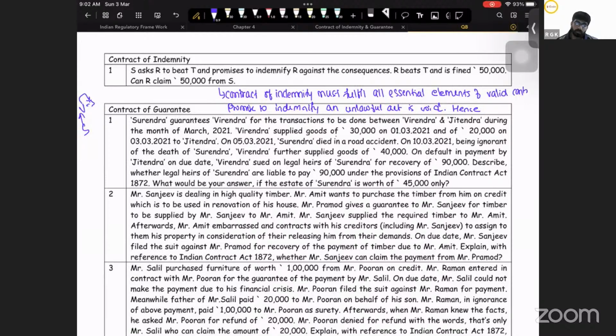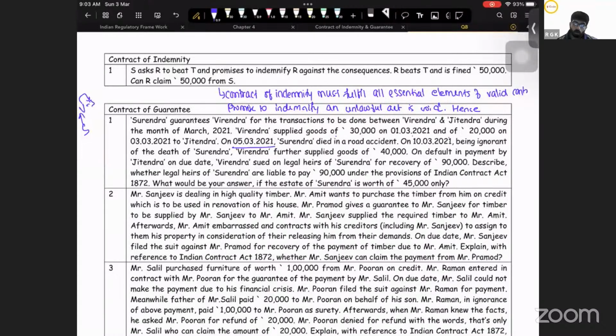Virendra supplied goods of 30,000 rupees on 1/3/2021 and of 20,000 rupees on 3/3/2021 to Jitendra. On 5/3/2021, Surendra died in a road accident. On 10/3/2021, being ignorant of the death of Surendra, Virendra further supplied goods of 40,000.